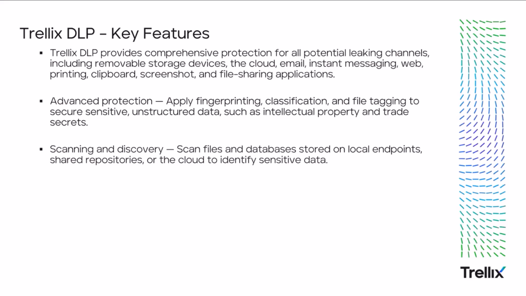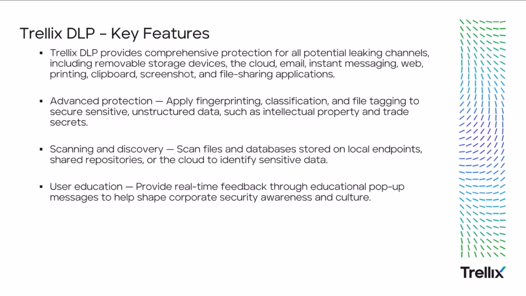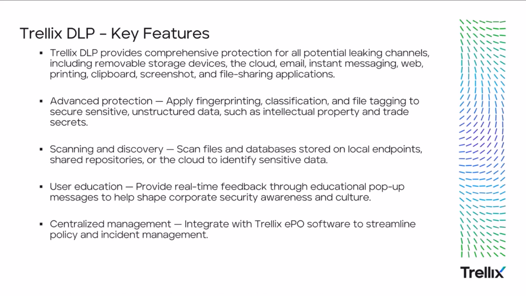Along with that, we can also create rules to block file uploads on cloud applications such as OneDrive, Box, and others. We could also customize the notification pop-ups to increase security awareness among the users. Since all the DLP products report to ePO, it acts as a centralized management console where you can review all the data which has been captured.